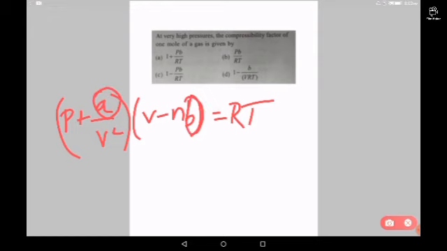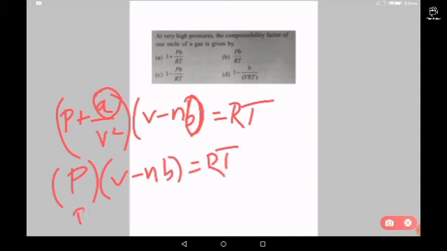So A is the quantity of intermolecular forces. At high pressures this will be very low, and this A by V square is negligible, and we will have at last P into V minus nB is equal to RT.